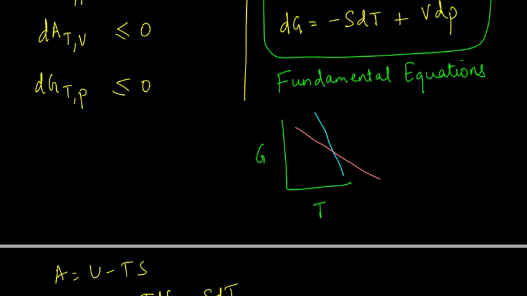If I take a solid, it would be even less entropic, less disordered. So the slope would be something like that. What do I get out of it? That phase is stable whose entropy is maximum.